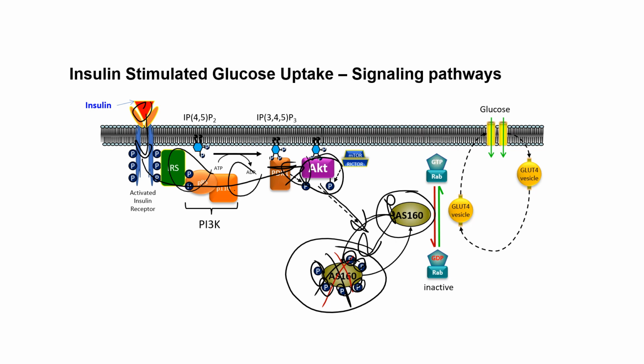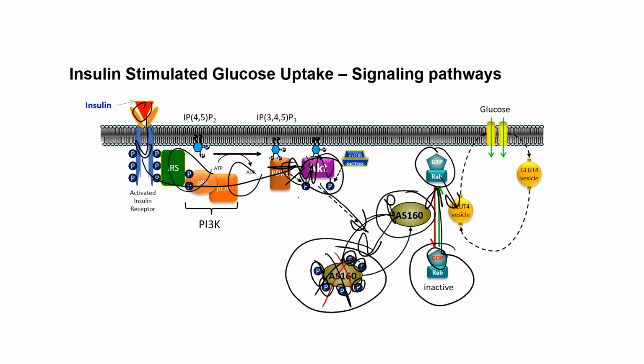And remember what AS160's job is. AS160's job is to keep Rab inactive by having GDP bound to it. Well, now that AS160 has been knocked out by protein kinase B, also known as AKT, what's going to happen to Rab is it's going to become active. If we knock AS160 out, then Rab can swap out GDP for GTP and become active.